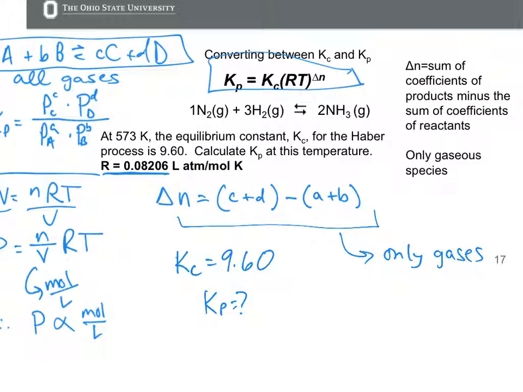All right. So just working through this, K sub P is going to be equal to K sub C, which is 9.60, times R, 0.08206 liters times atmospheres over moles Kelvin. We need to have our temperature in Kelvin, and that's what's given, 573 Kelvin, raised to delta n.